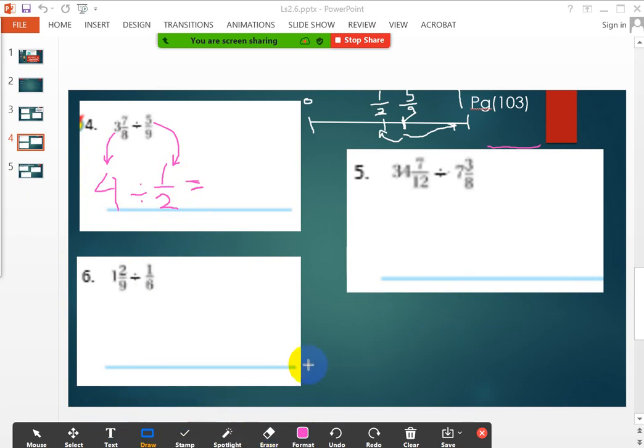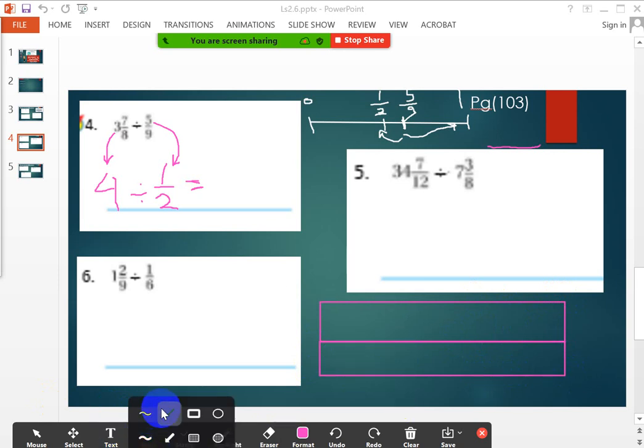So yesterday we talked about how to draw the fraction strip and count the groups, right? Let's see how. If I want to divide 4 by 1/2, I have to draw the fraction strip first.